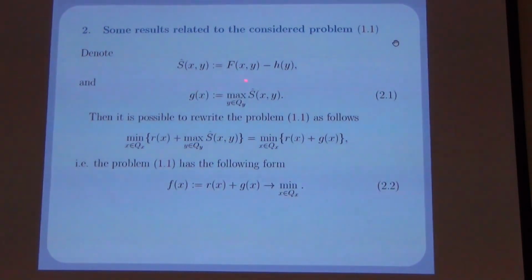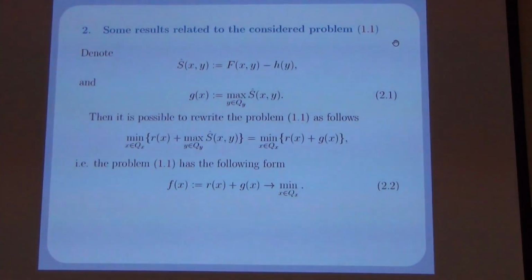Denote by S hat the difference between the function fxy and the function h. Jx is the maximum of this function. Since the function h is mu y strongly convex, the following maximization problem has a unique solution. By these notations, we can rewrite the considered saddle point problem as the following composite minimization problem.